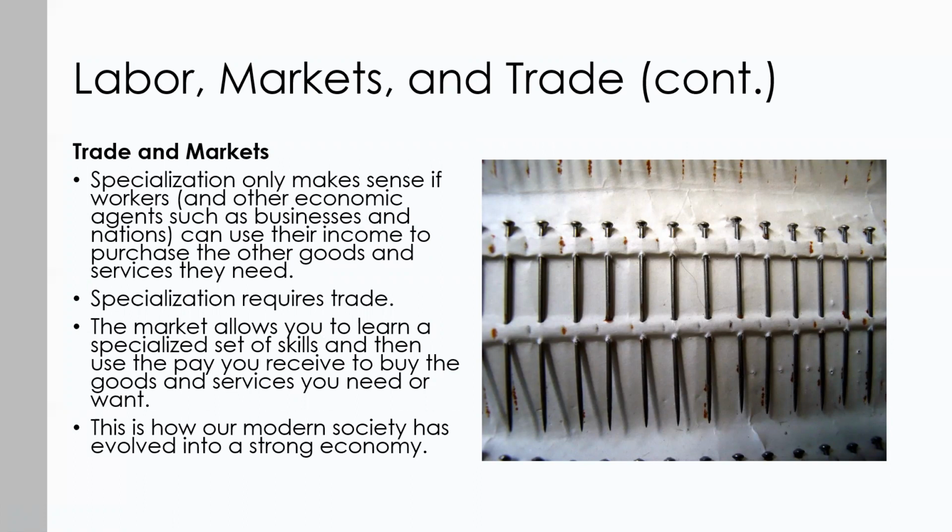And the market allows you to learn a specialized set of skills and then use the pay you receive to buy the goods and services you need or want. Now, we can emphasize more of this later on when we discuss the circular flow of our economy. Labor is one of the aspects that we will see in the circular flow of our economy.